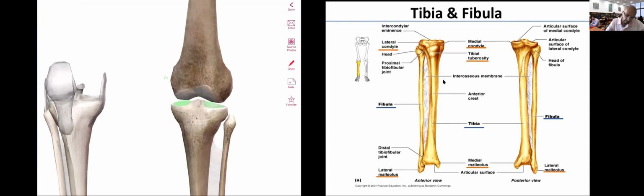Those are my medial and lateral condyles of the tibia. And between the two condyles, we've got an eminence, an elevated part. This is called my intercondylar eminence.